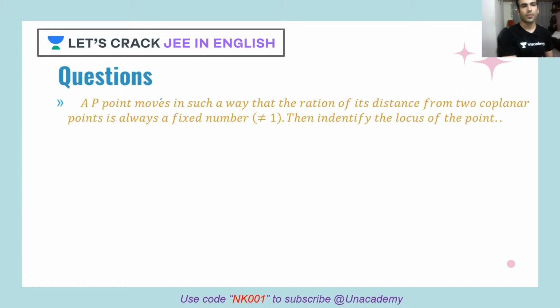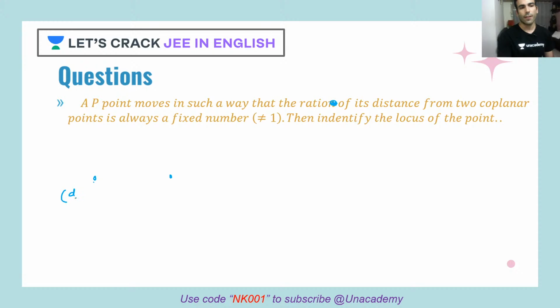Let's move ahead. Oh, we have got one question. A point P moves in such a way that the ratio of its distance from two coplanar points is always a fixed number. Then identify the locus of the point. Okay. So what it says is that you have been given two coplanar points.